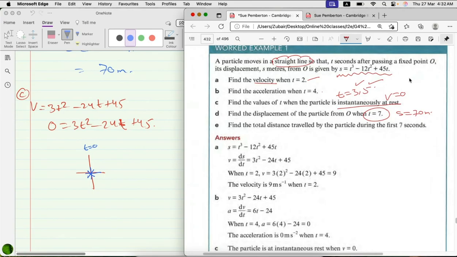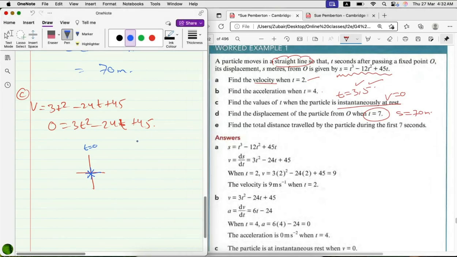And then for five, it should be 50. I'm just quickly rechecking for 5. That's 50. At time 5, displacement is 50.